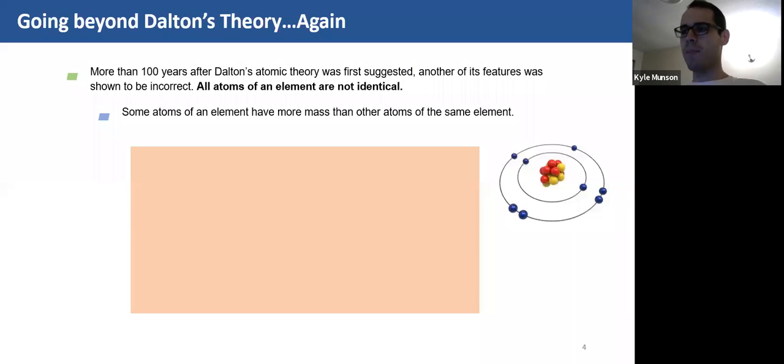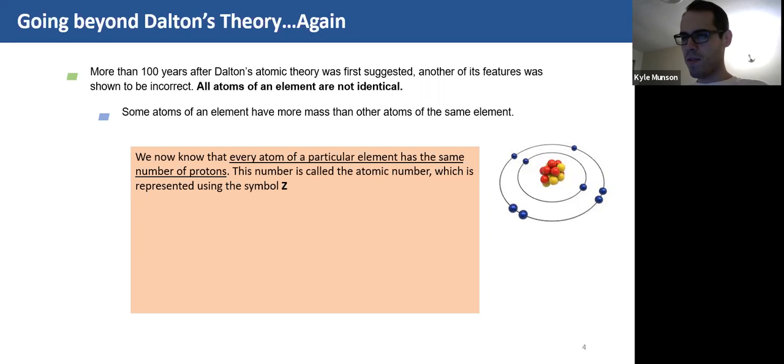Some atoms of an element have more mass than other atoms of the same element. And the differences are called isotopes. That's what we're going to be talking about. A key here is that the number of protons for any given element doesn't change.